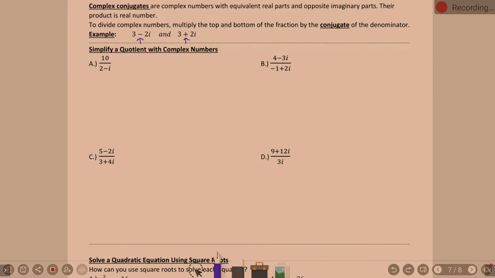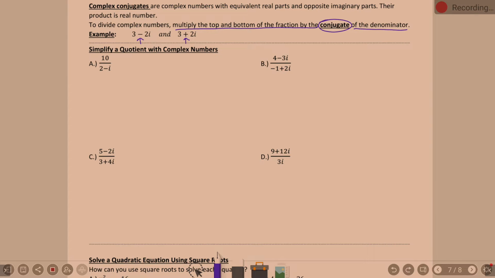So that middle sign changes. And the nice part about them is when you multiply them, you always get a real number. The i's will cancel out there. And we're going to use that today because we're going to divide complex numbers now. And when we divide complex numbers, notice what it says here. We're going to multiply the top and bottom of the fraction by the conjugate of the denominator.